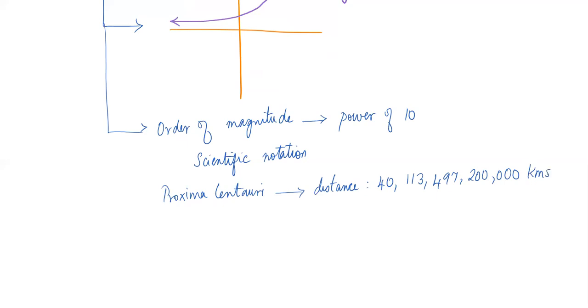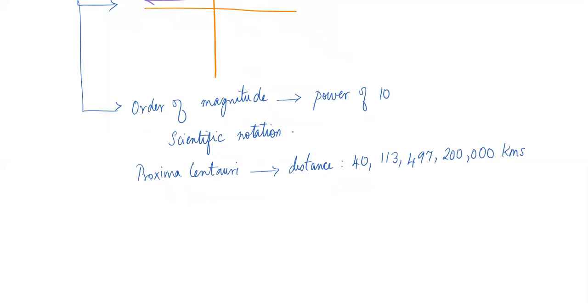See, that's a mouthful, right? Now, if you were to use scientific notation, it would help us to make it more manageable. So what we do is we move the decimal point, if you remember the concept, to shrink this number to a number between 1 and 10, and then adjust that shrinking by using the order of magnitude.